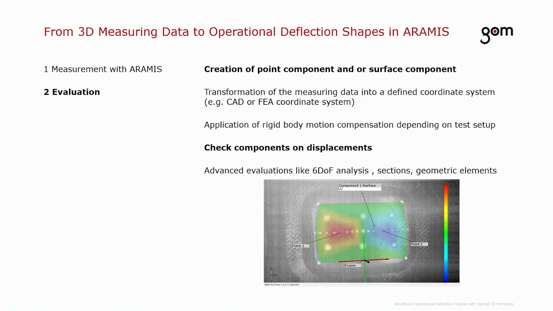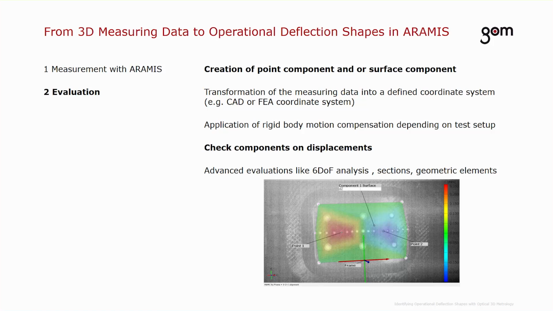So we have to start and create what we call a point component or a surface component. This is our matching information to identify either the same points in all images that we took over time, and/or all this matching pattern information in the end to derive the 3D information.